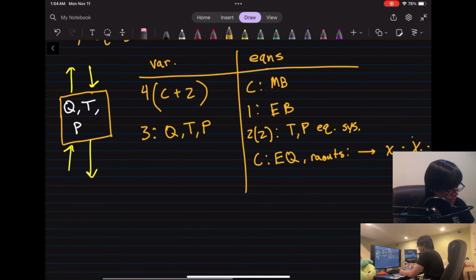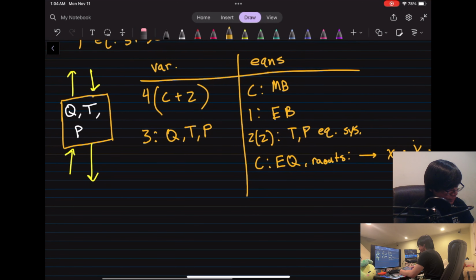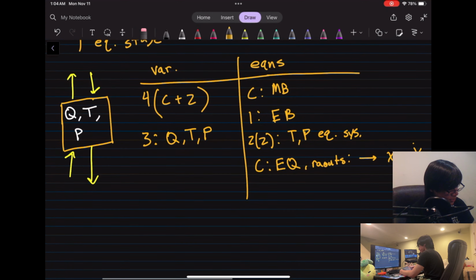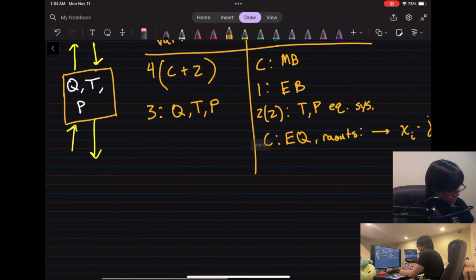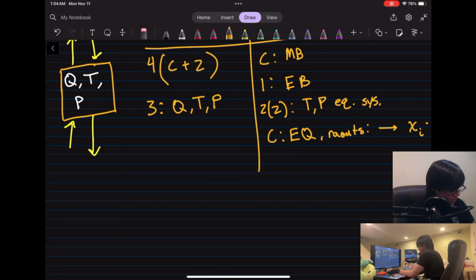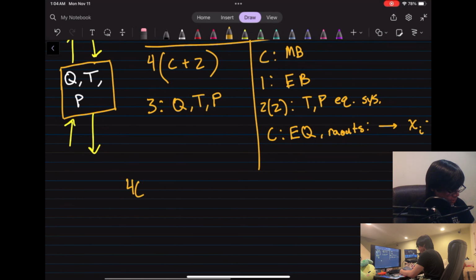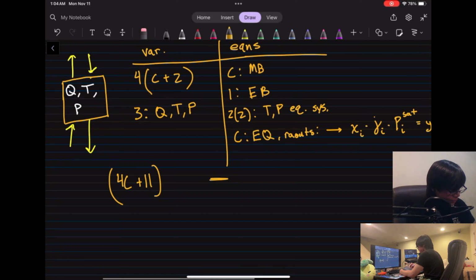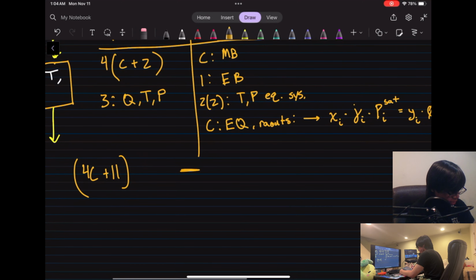And I think this is it, honestly. I don't think I'm missing anything else. So let's just do this. 4C plus 2, so 4C plus 8, 8 plus 3 is 11. We subtract. So we have 2C, and then this is 2 times C is 4, plus 1 is 5.